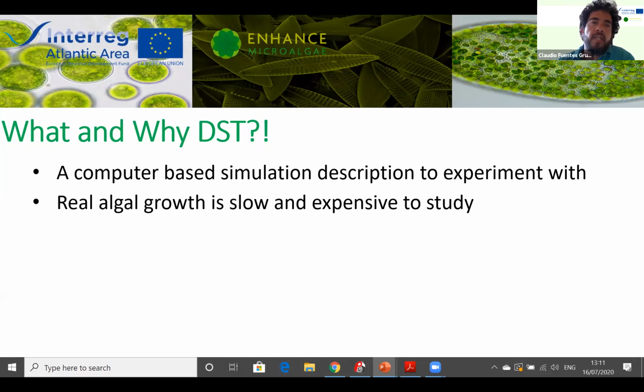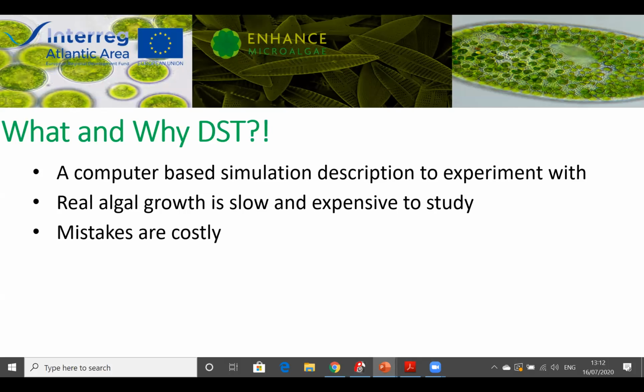Why? Basically, because real algal growth is slow and expensive to study, right? Specifically for small spin-out companies, or for instance a small research institution or university that doesn't have all the facilities to set up different microalgae experiments. The DST tool could be a really good tool to identify new strains and how they are going to behave in different environmental parameters and production parameters.